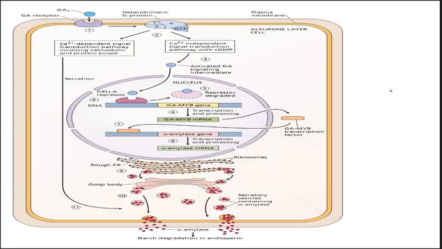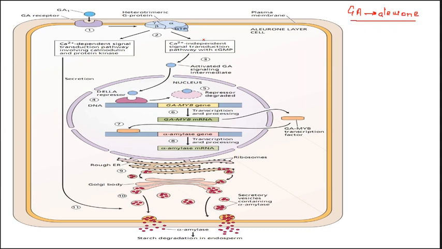Now this is again very important. What we studied in the seed germination part is that GA enters the aleurone layer. If you remember, it was produced in the embryo and enters the aleurone layer.